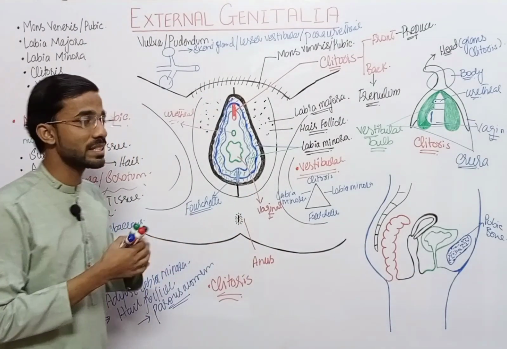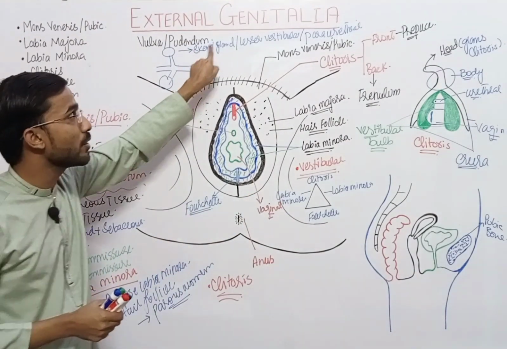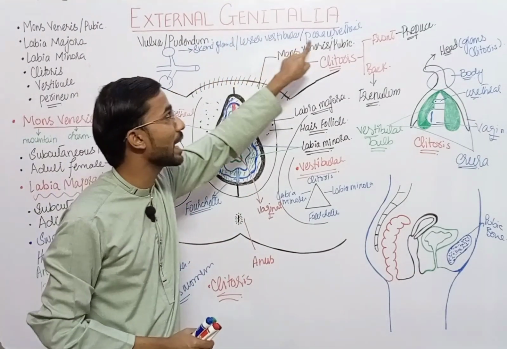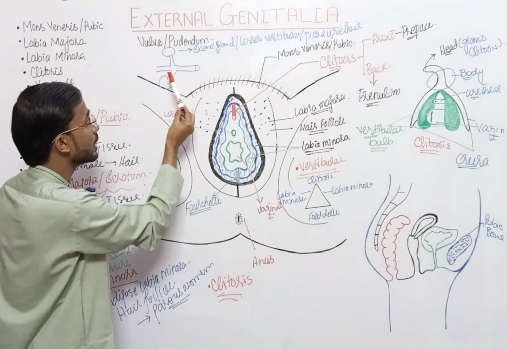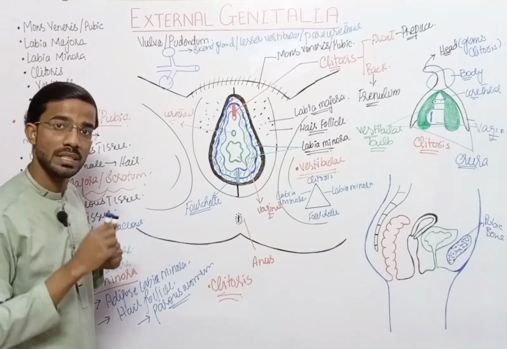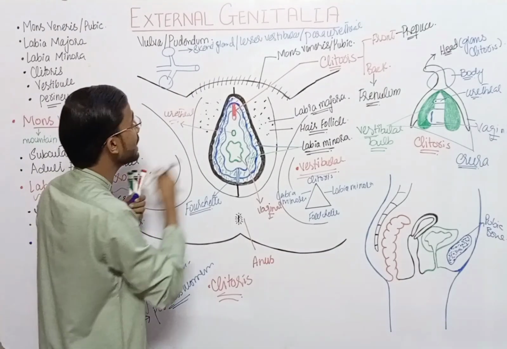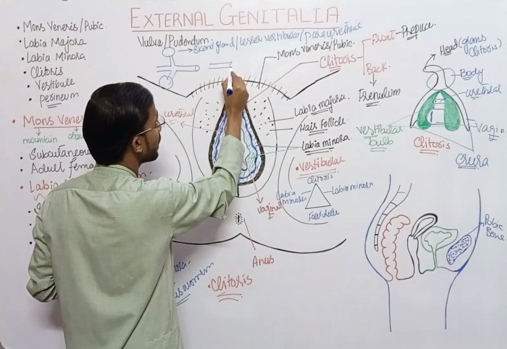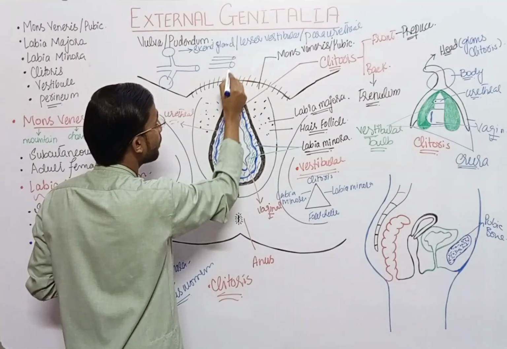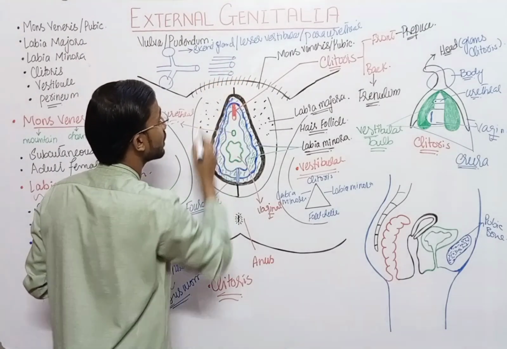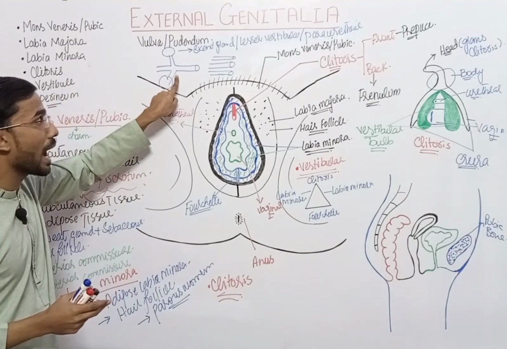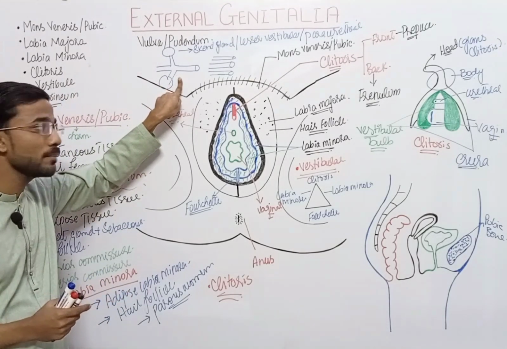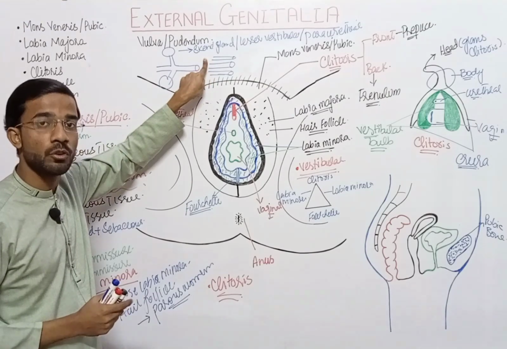They can open into the urethra. This is one case. And second, the opening of these glands can be separate. There are two situations: it can either attach to the urethral opening, or it can be separate from the urethra.